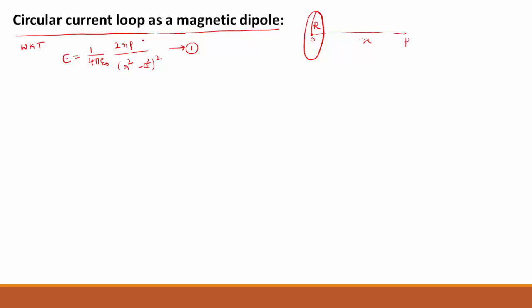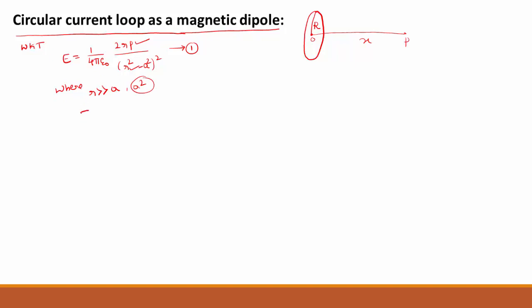E is equal to 1 divided by 4 pi epsilon naught, 2Rp divided by (R square minus A square) whole square. Here p is the electric dipole moment and R is the distance between the dipole and the point of observation. But when R is very much greater than A, then A square can be neglected.